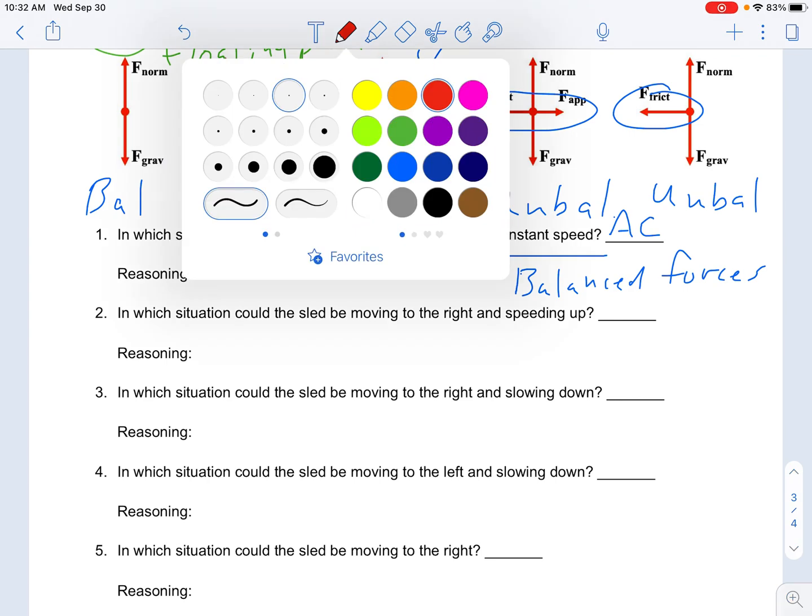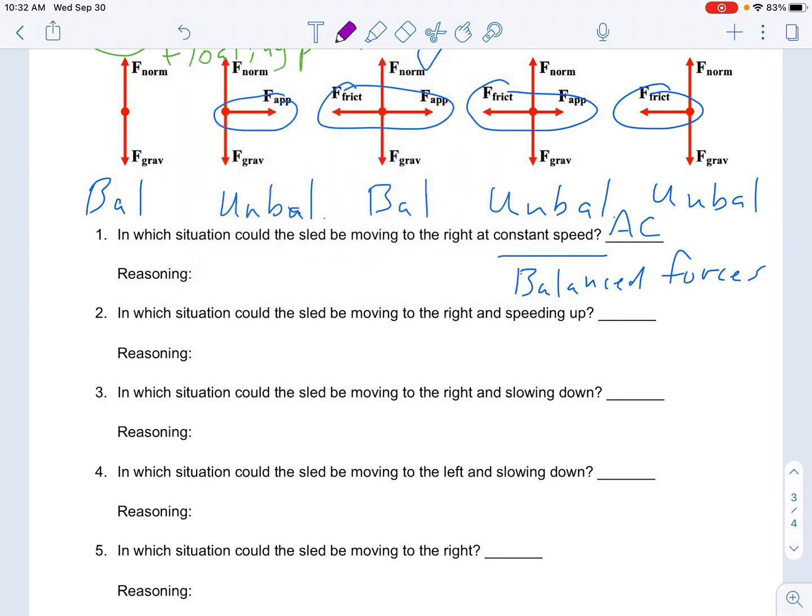Moving to the right, that would cause friction to the left, or no friction if it's a frictionless surface or an air, floating air object. So that means that it could be any one of these 5 based on the friction. But speeding up would mean that it has to have an unbalanced force in the same direction that it's moving.